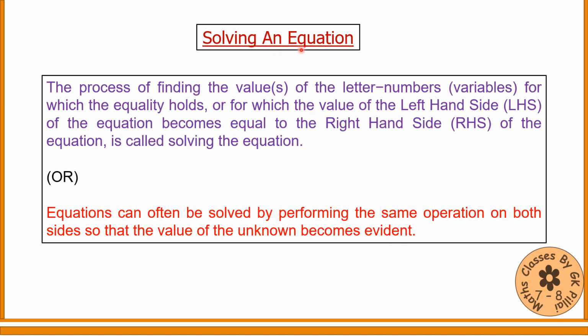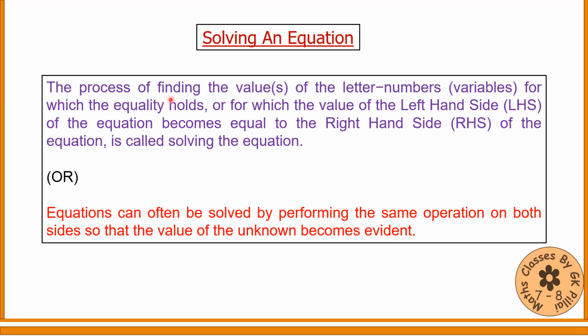Solving an equation. You can see the definitions here. This is a bit longer one and this is a smaller one. Both are from your textbooks only. The process of finding the value of the letter numbers or the variables for which the equality holds. This is the first part of this definition.